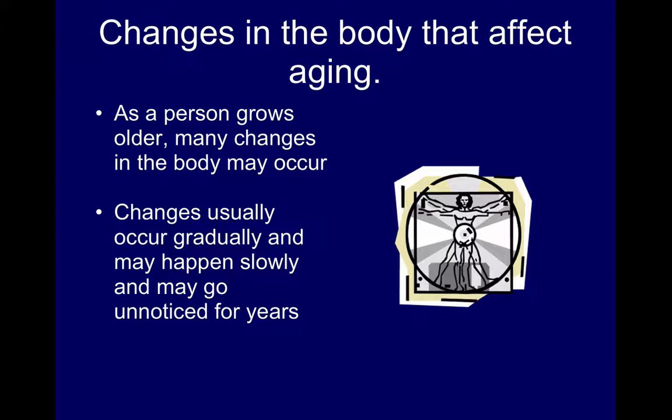No, they just may not function as well. If they don't function as well, they don't have as much functional reserve. So when they are exposed to a stressor, like an adverse drug reaction, they may suffer more reaction or not recover as quickly as they would when they were younger.